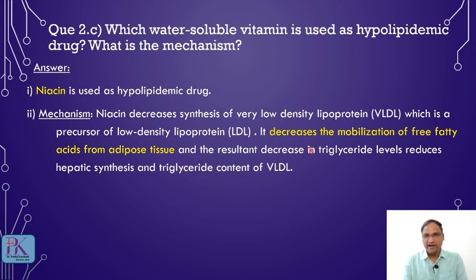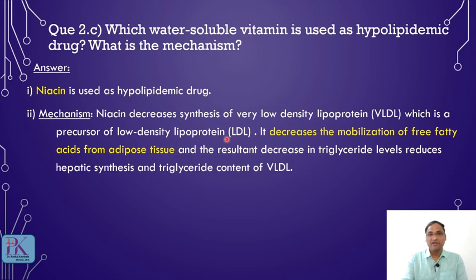So if triglyceride is decreased, that means synthesis of VLDL is also decreased. On top of that, the triglyceride content of VLDL will be decreased. Now, what happens if VLDL is decreased? Your LDL will decrease. So that is the mechanism.